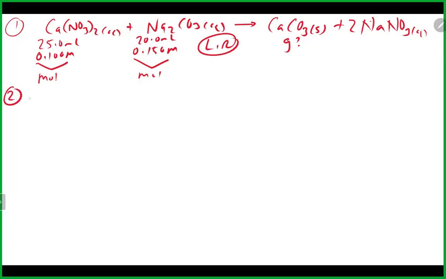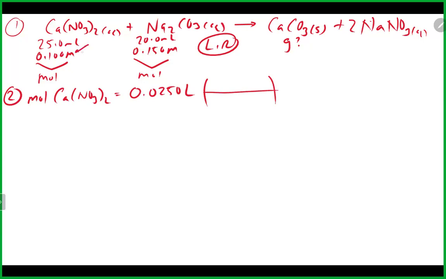So our moles of calcium nitrate in this case is going to be the volume, which once again, we do need to convert into liters. So divide 25 by 1,000 and you'll get 0.025 liters. We're going to multiply that by the molarity.